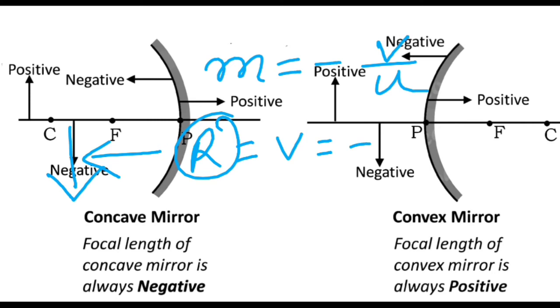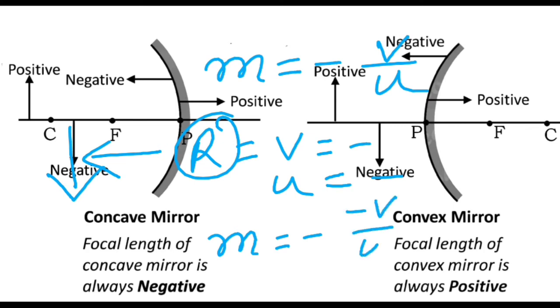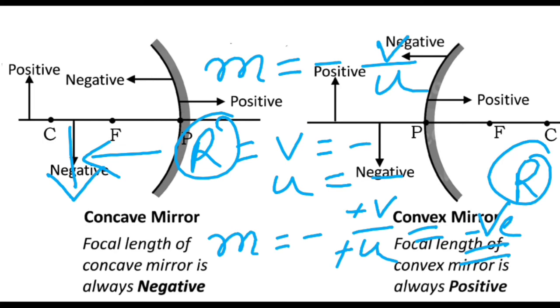As I told you before, u is always negative because it always lies in front of the mirror. So magnification will be minus v by minus u, the minus will cancel out, and we will get a negative value. So when the magnification is negative, the image is real, for a concave mirror.